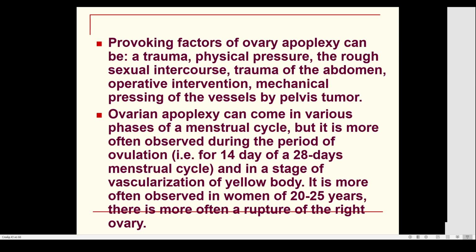Ovarian apoplexy can come in various phases of the menstrual cycle, but it is more often observed during ovulation, usually the 14th day if the cycle duration is 28 days, and in the stage of vascularization of the corpus luteum. It is more often observed in women of 20-25 years old. More often the right ovary ruptures.